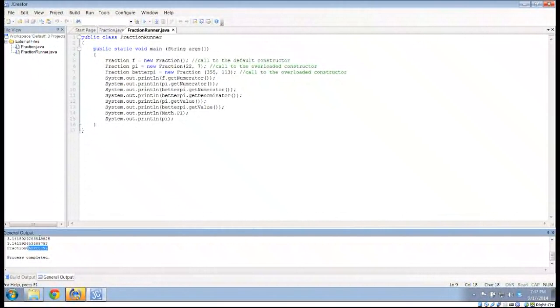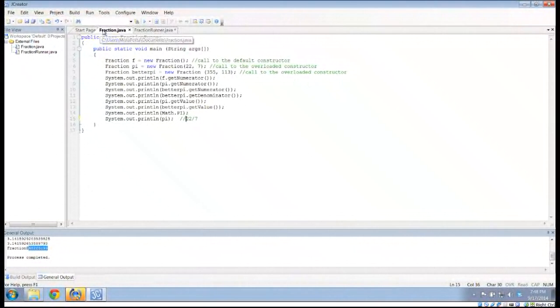When I look at a fraction, I want to see a 22 divided by a 7. That's really what I want to see. So I need to tell Java how to do this.